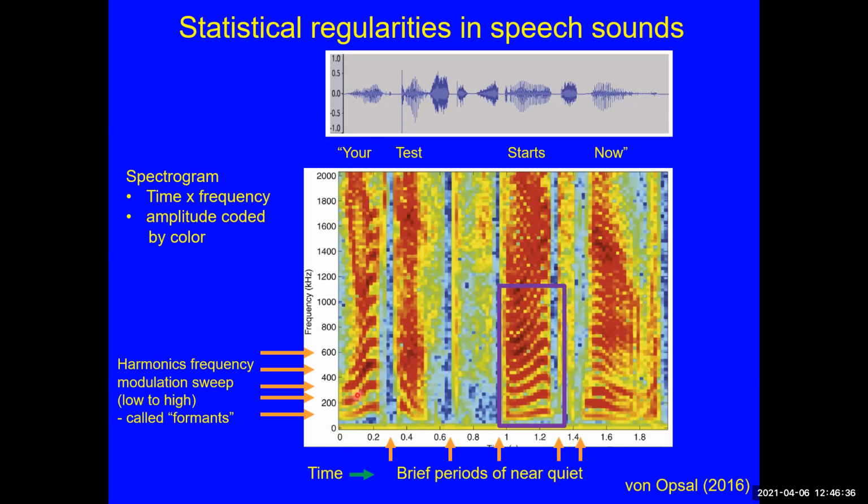The frequency is going up over time. You see that? Going up here. Here's maybe an even better example for the word "starts." This lilting frequency going upwards. It's called frequency modulation. These are called formants. And so the structure in the speech is very important for distinguishing different words.